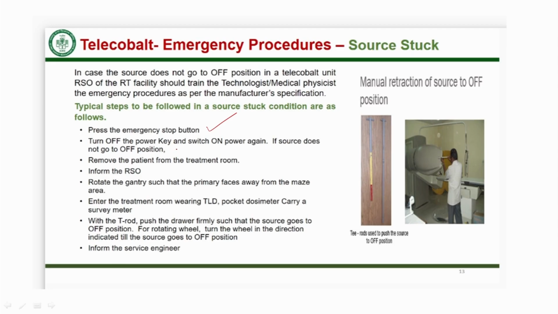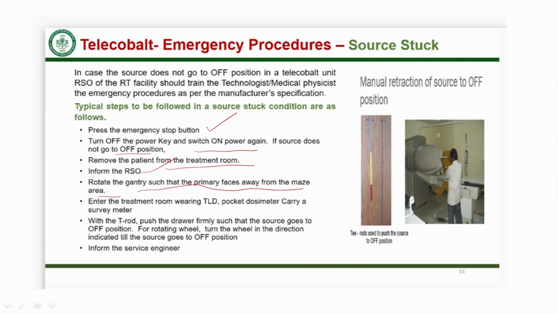Then turn off the power key and switch on power again if the source does not go to the off position. If you follow this step on and off, and still the source is not in the off position, then remove the patient from the treatment room and immediately inform the radiological safety officer. Rotate the gantry such that the primary beam faces away from the maze area.